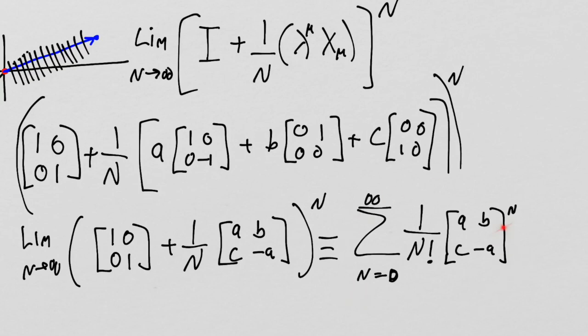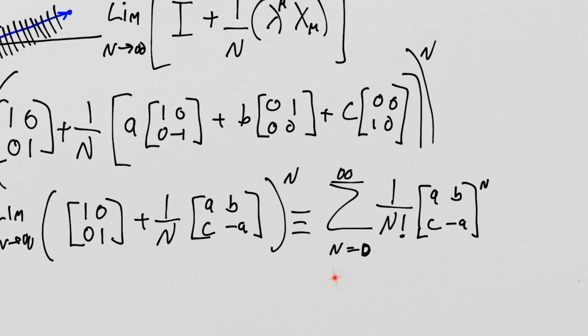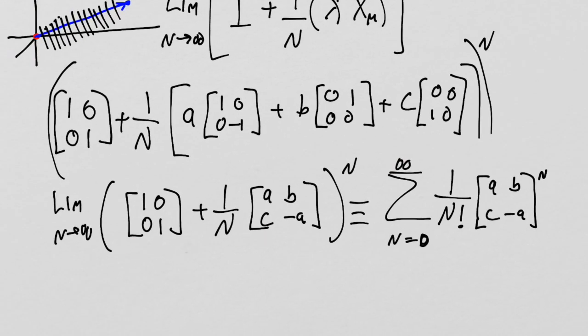This summation. That is by definition, right? We know that the definition of this kind of limit is equal to this power series, right? We know that because this is the definition of the exponential function of the matrix A, B, C, minus A.